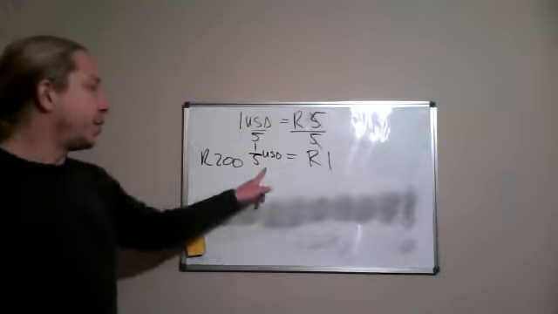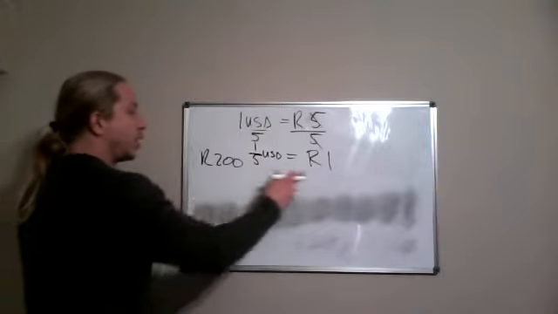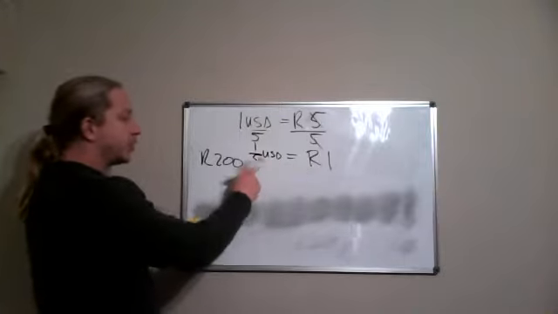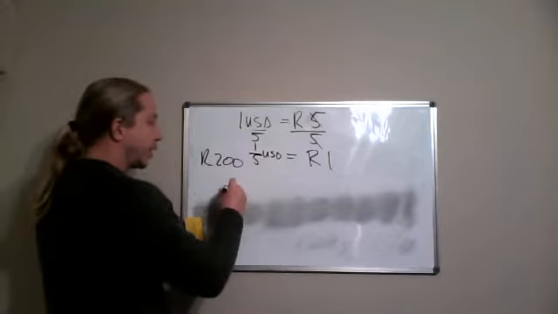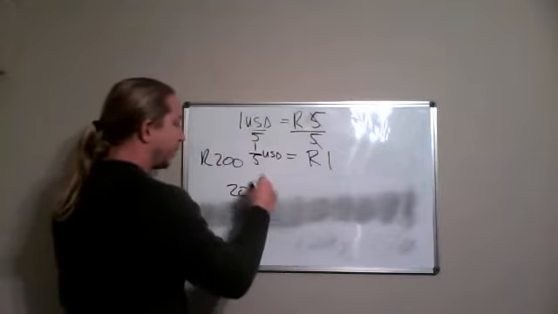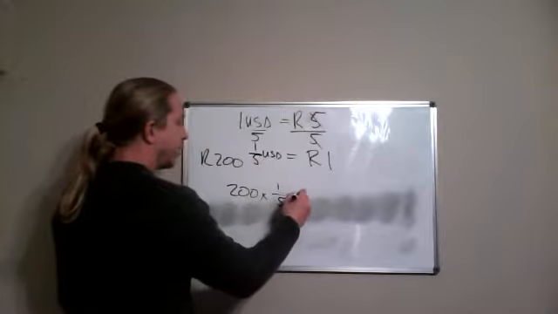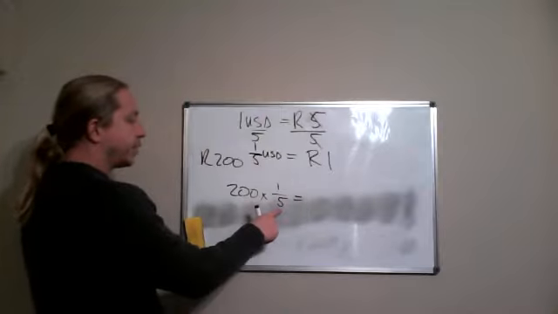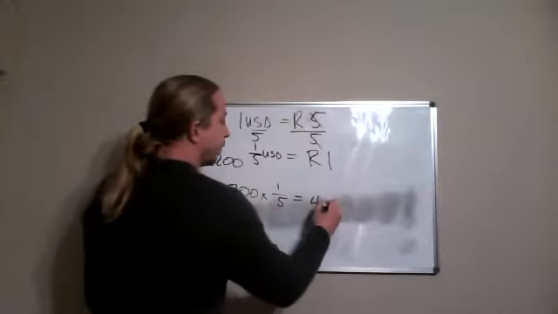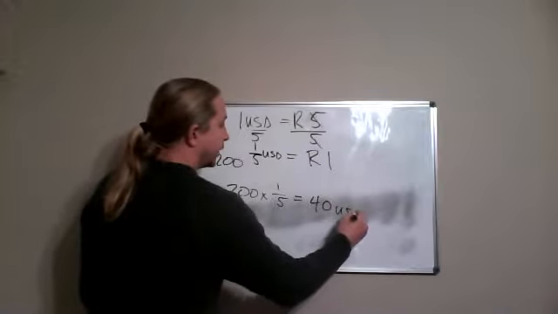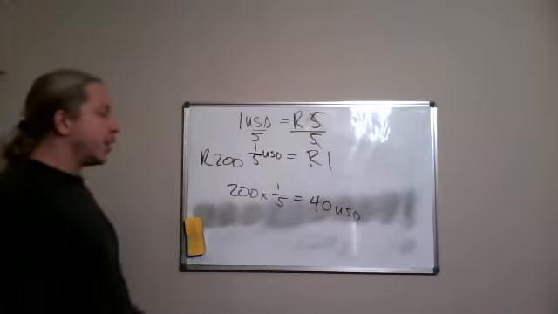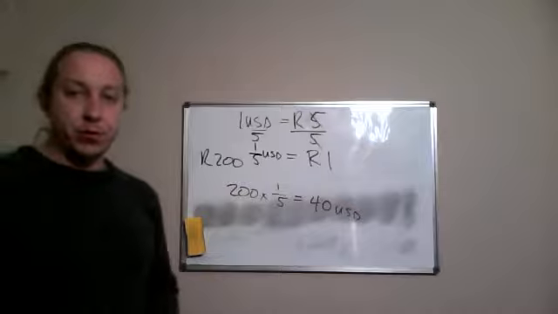Now we can multiply. We can say 1 Rand is this many dollars. We have 200 Rand, so we say 200 multiplied by 1 over 5, which equals 200 divided by 5, which is 40 USD. So 200 Rand can buy us $40.